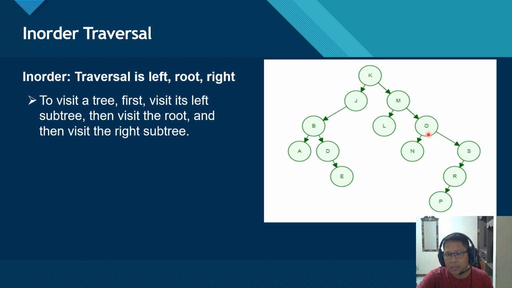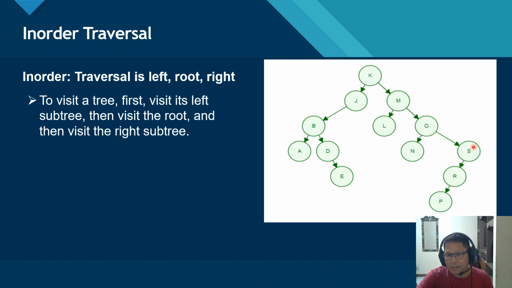And then we're going to the right. But since O here has two children, the left and the right, let's start here. So after M, let's go with N. Then after N, it's O. Then we're going again to the right nodes.